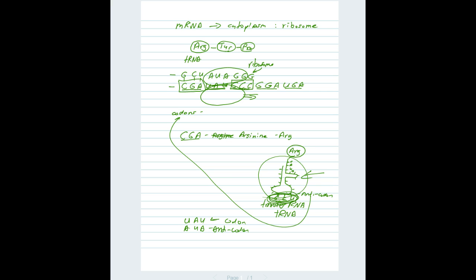The ribosome then moves down again, and it's going to read this codon, GGA, and the opposite of that is CCU, and CCU actually translates again to proline. So another proline comes in.